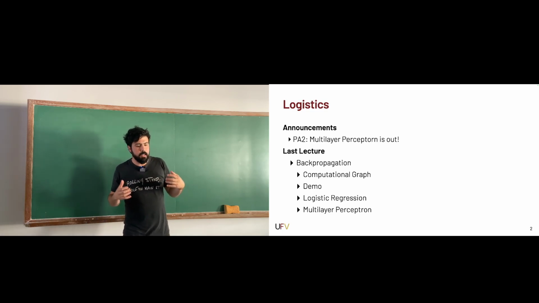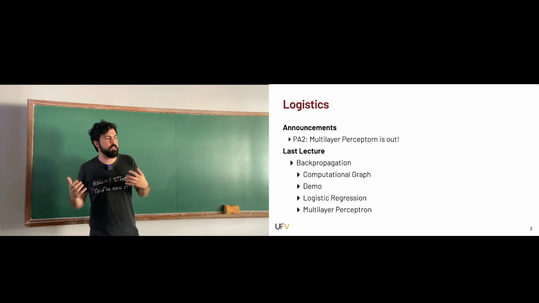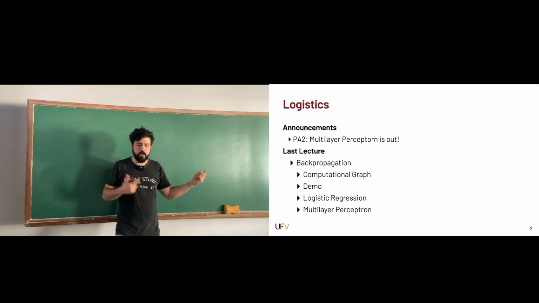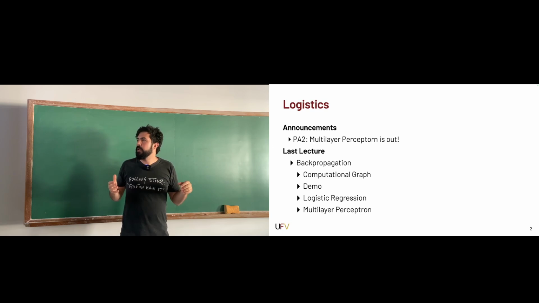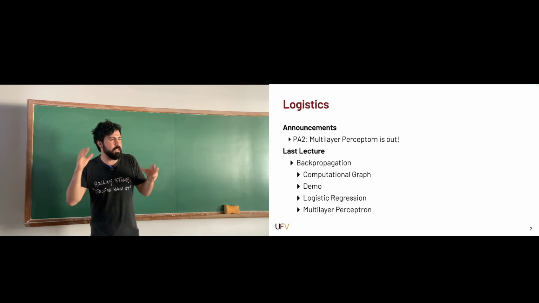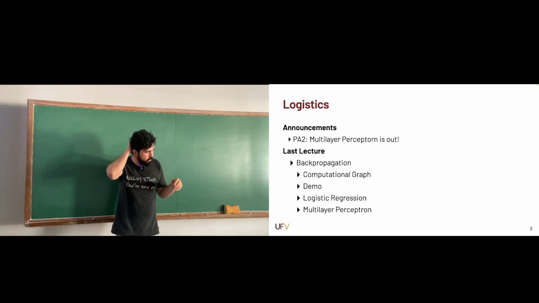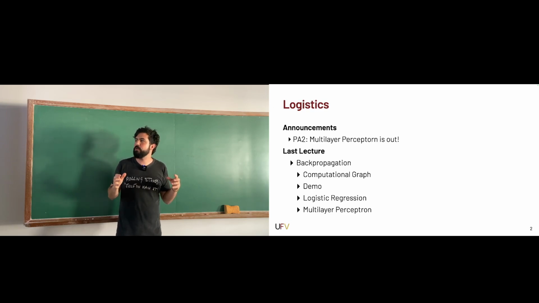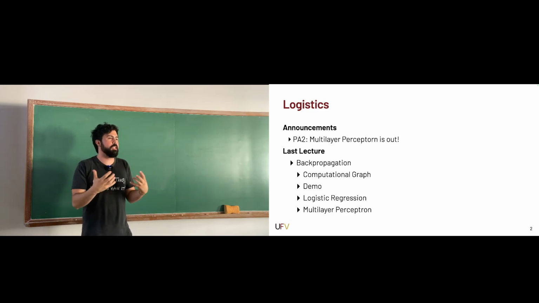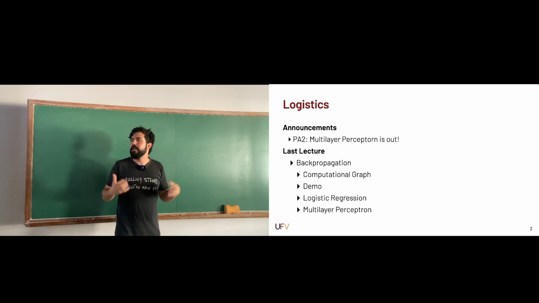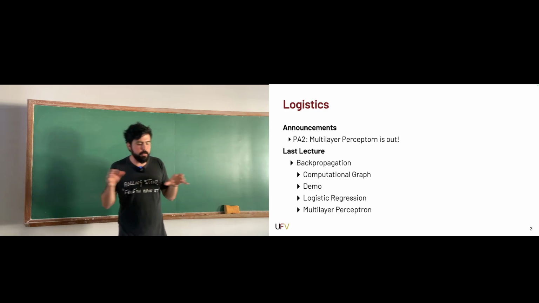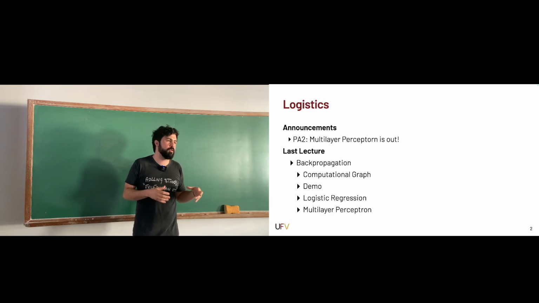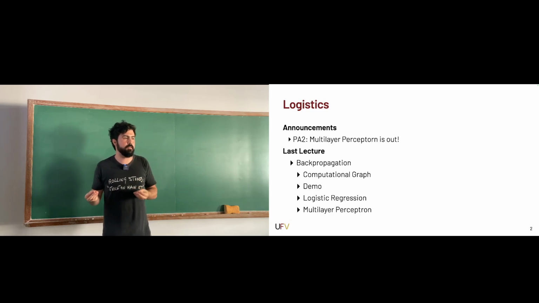I want you to pay attention to this because last lecture, when we talked about backpropagation, we used this idea of a computational graph, which normally is more intuitively programmed with a node class, the same way we saw last time. But for this assignment, we still have a computational graph, but it's more like an implicit graph.